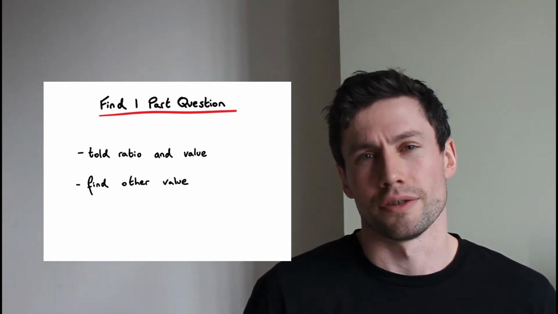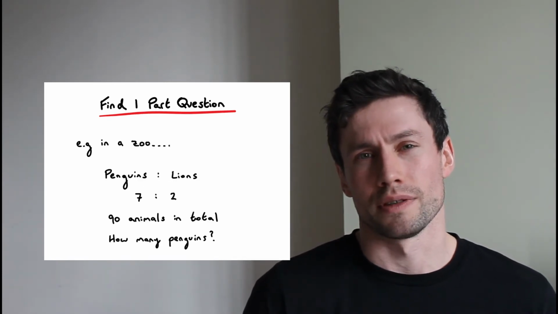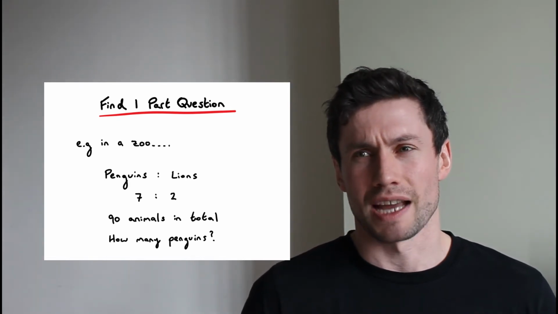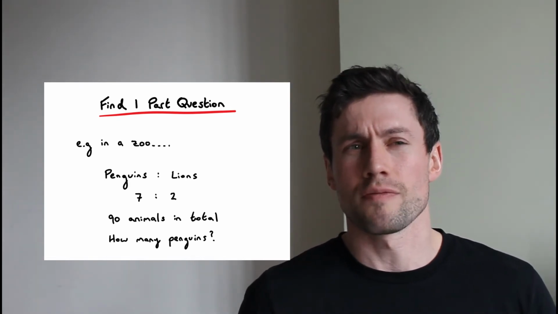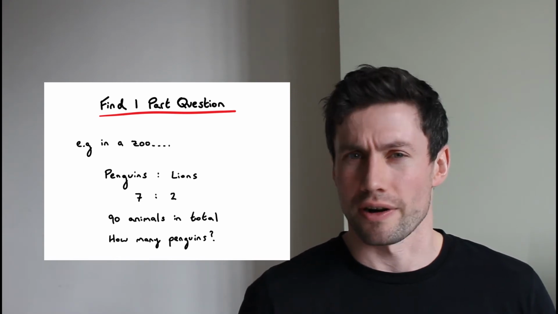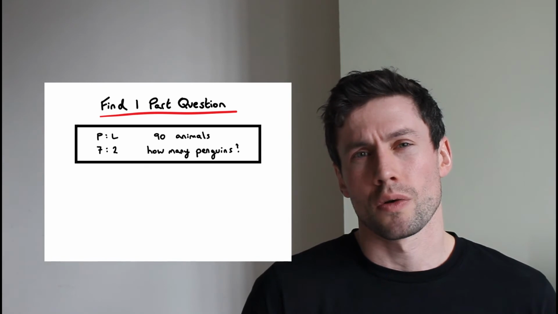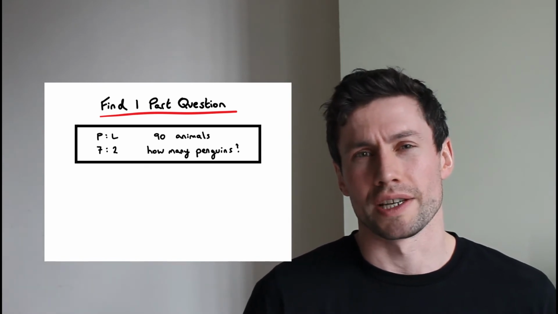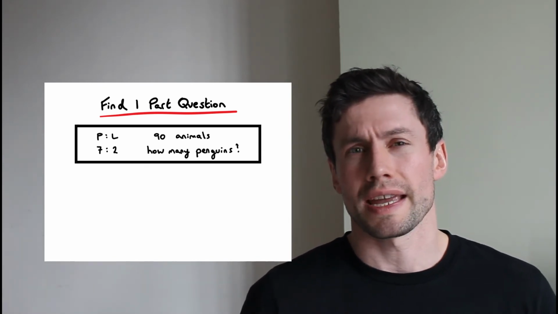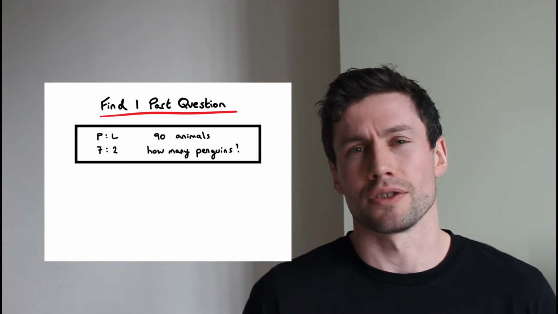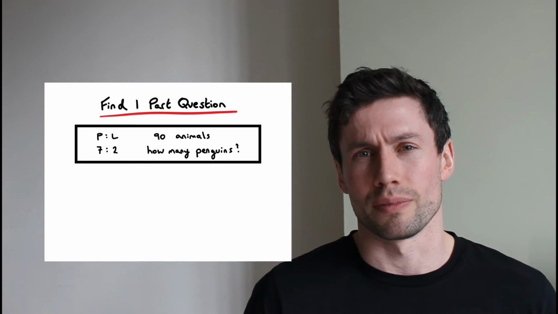Let's say in a zoo there were 7 penguins for every 2 lions. If there was a total of 90 penguins and lions, you might be asked how many penguins are there in the zoo. We do this by finding one part. What we mean by that is when we have the ratio of 7 to 2, each one of those 7 and each one of those 2, how many penguins or lions does that one part represent?